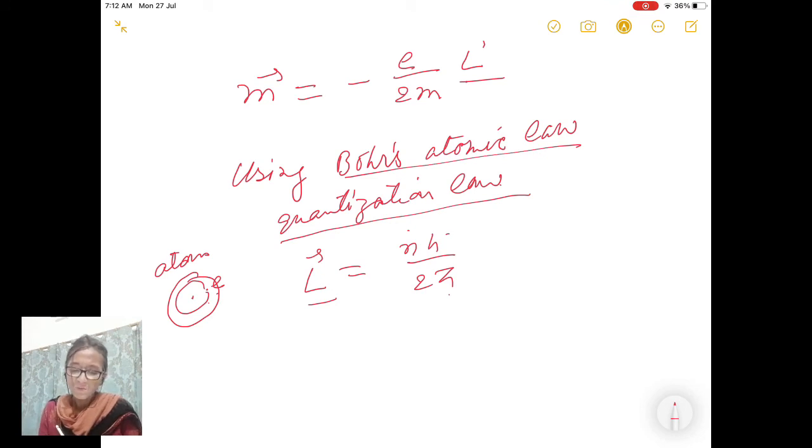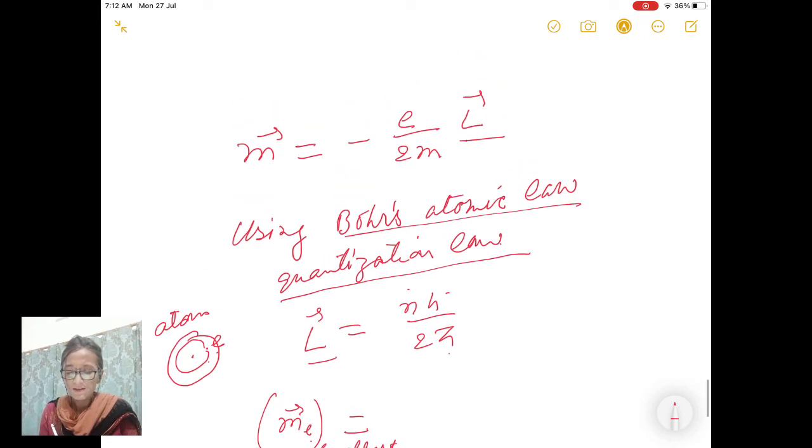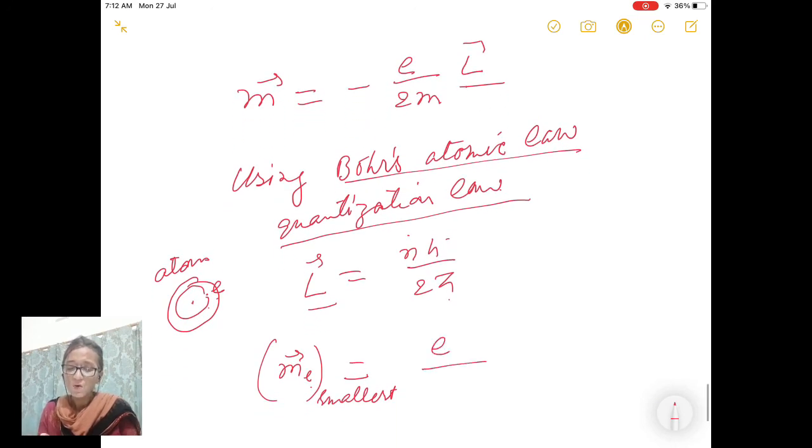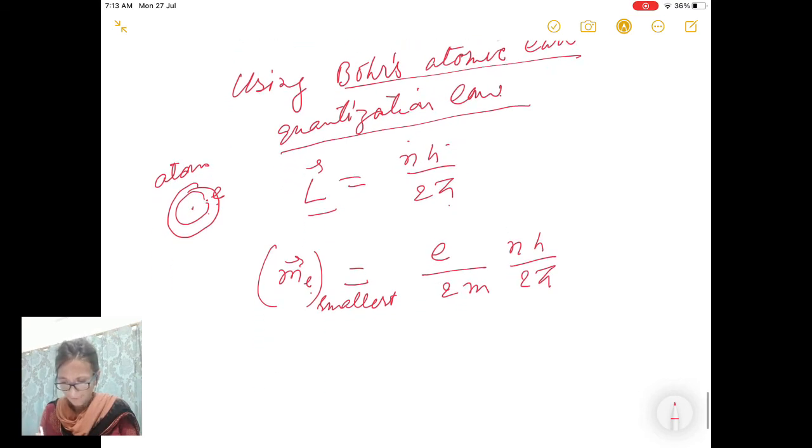So angular momentum is a constant. Now, the smallest value of magnetic dipole moment due to revolution, m_l, since it is revolving, is equal to e upon 2m, and in place of L you write n h by 2 pi, and put n equal to 1.